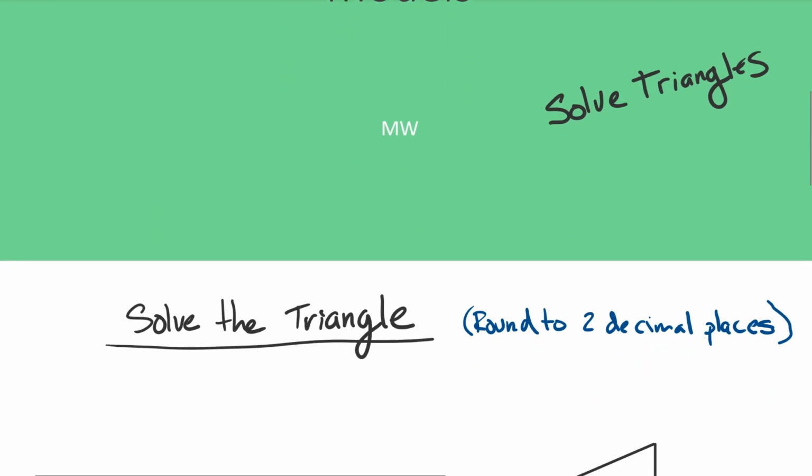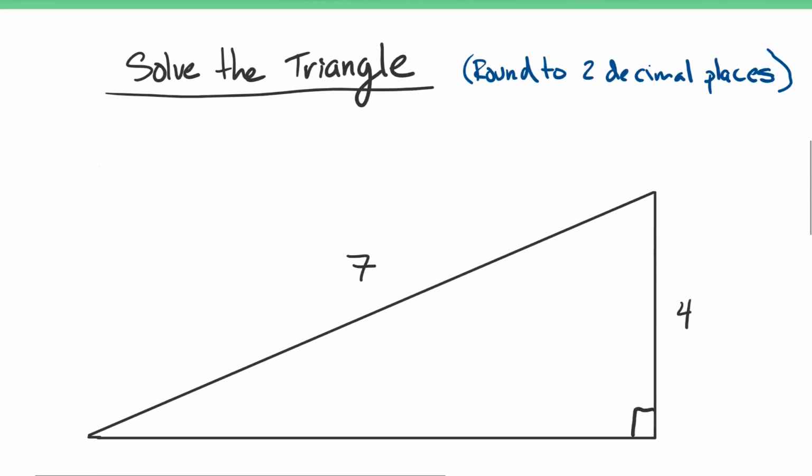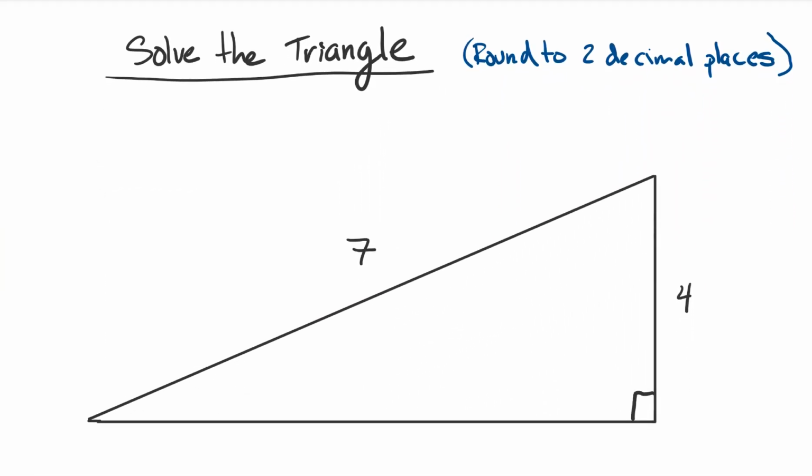So here are some instructions, pretty similar to what you have in your homework. It asks us to solve the triangle and round to 2 decimal places. When we solve, that's saying find all the angles and all the sides.